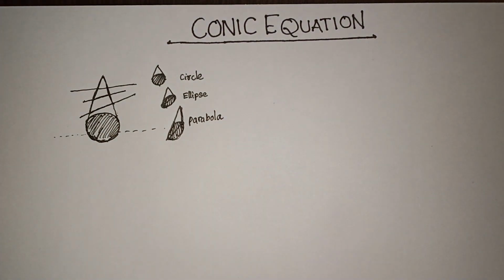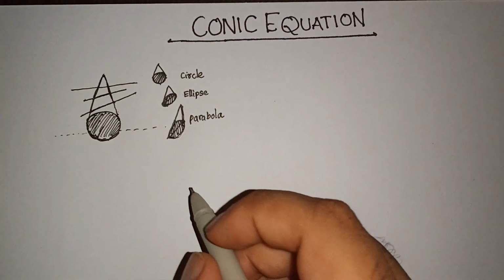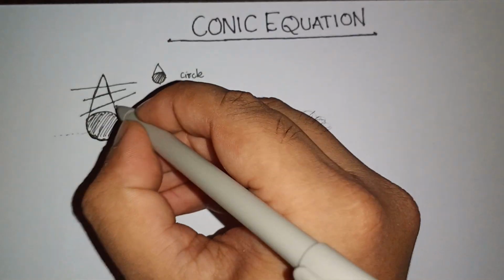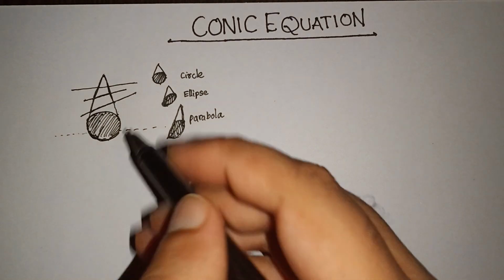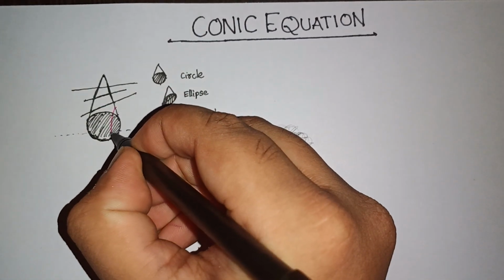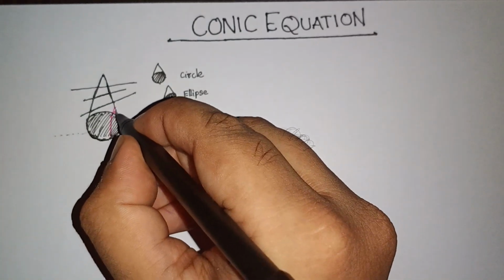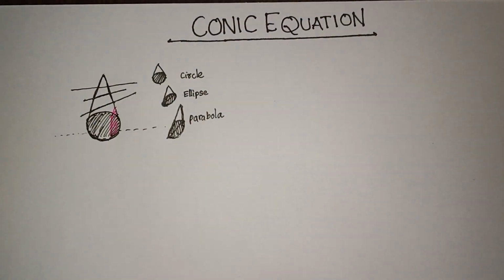Now let's say you're going to cut your cone in this direction. I'll use a different color so that you'll get to know what the cut is over here. So I'm going to cut in this manner, which is pretty interesting actually, right?